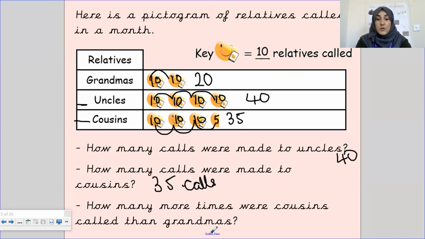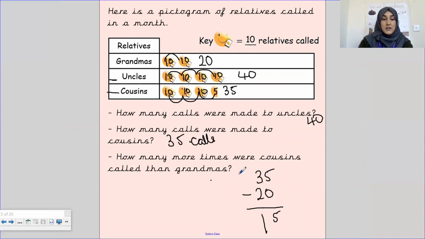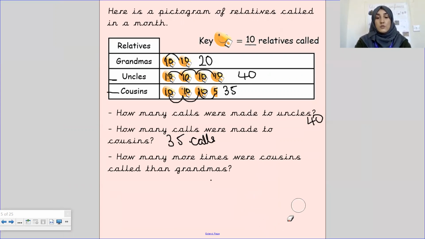Now, remember, to work out this question, how many more, we take away the smaller number from the bigger number. So it's 35, take away 20 equals 5, take away 0 equals 5. 3 take away 2 equals 1. So 15. So the answer is 15 more calls were made to cousins than grandmas.